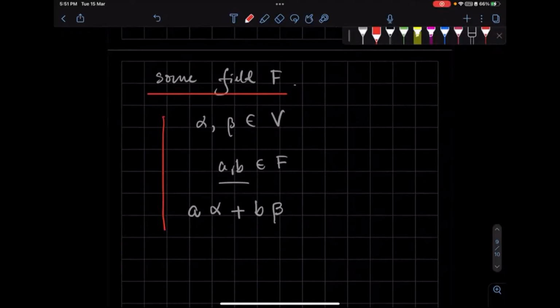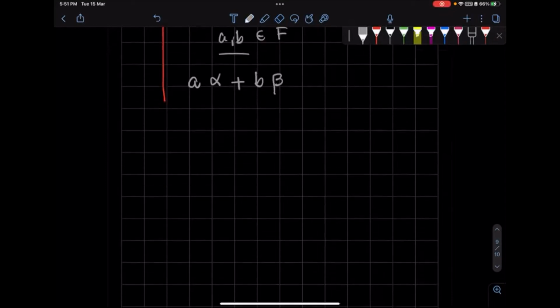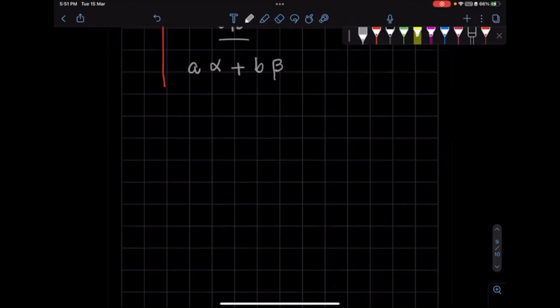Right. But the thing is that we are used to thinking of vectors in terms of matrices, right? When I tell you of an n-dimensional vector space, you're thinking, okay, then we have something like this.